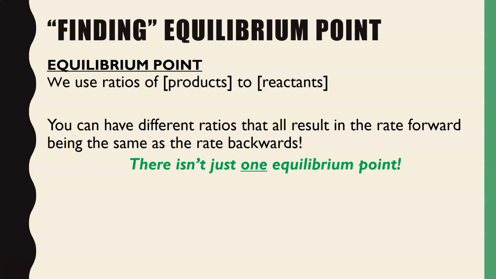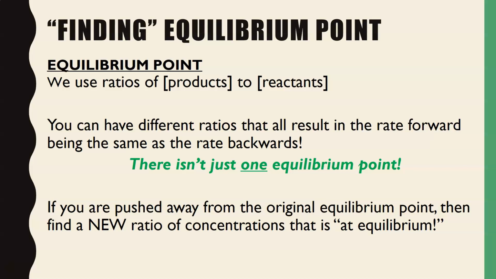If you do something to a reaction to push it away from this equilibrium point, what will happen is that things are going to change. The reaction is going to proceed in such a way so that it can readjust its concentrations to find a new ratio where the forward and backwards rate are equal. Okay, so we say we will stress a reaction.